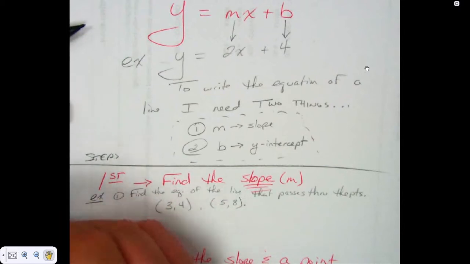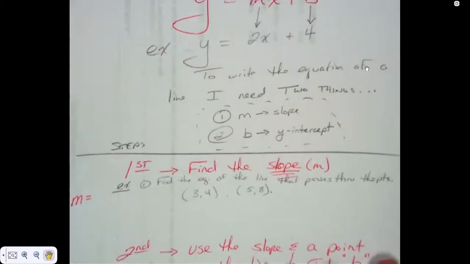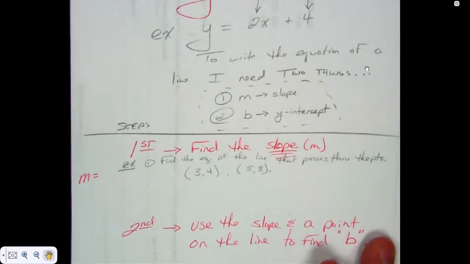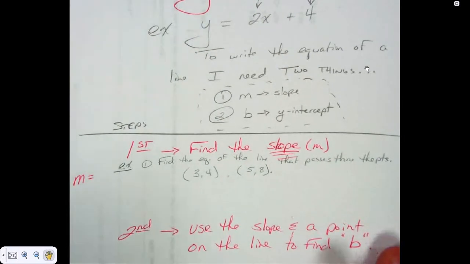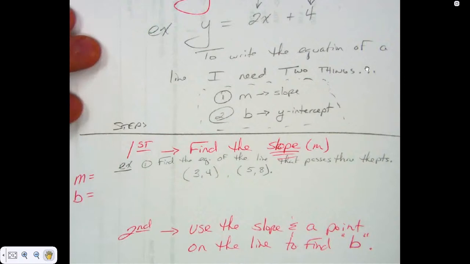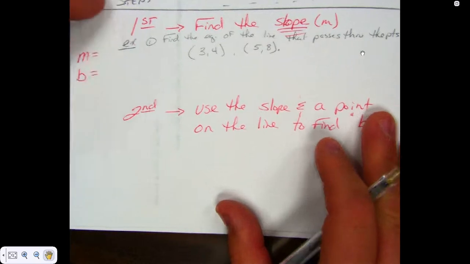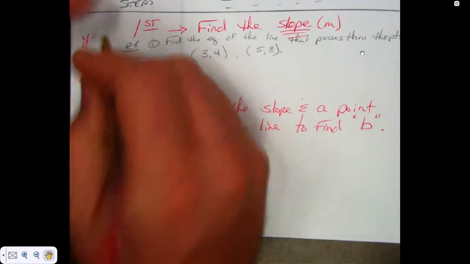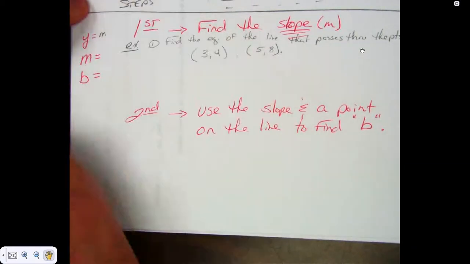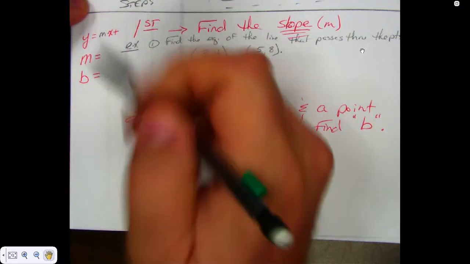Once again, what two things do I need to write the equation of a line? What did we say? I need the slope and the y-intercept, the m and the b, right? Because I'm then going to plug it into y is equal to mx plus what?